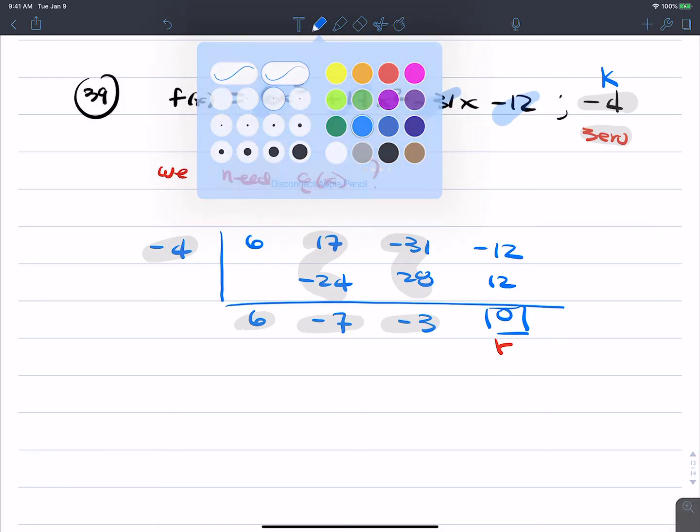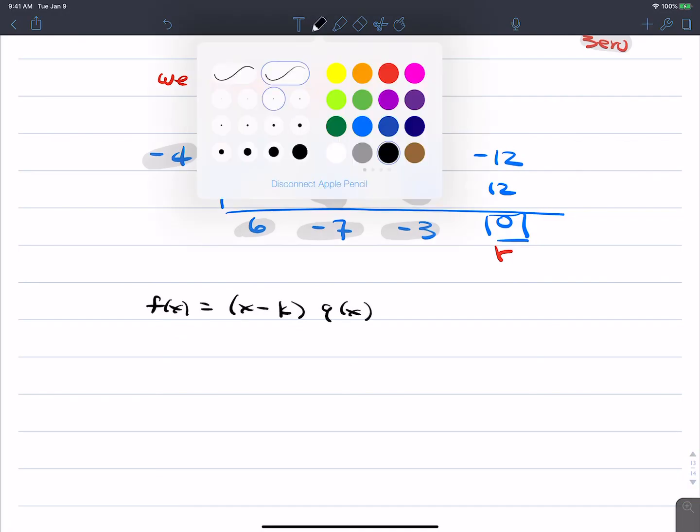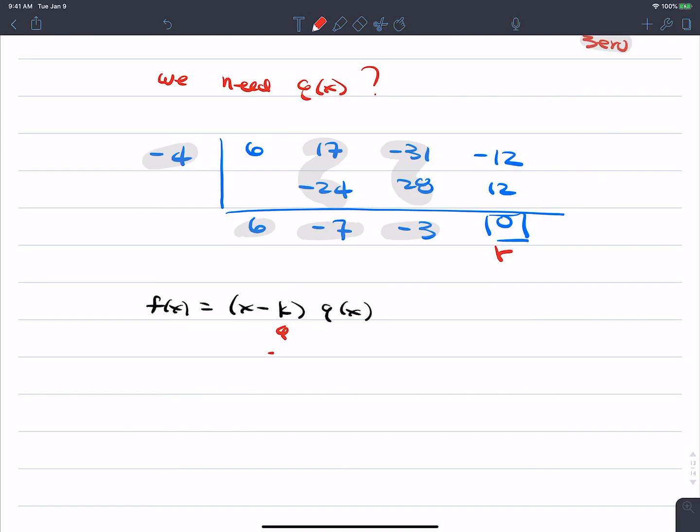So as we've been notating here, the original function here can be described as x minus k times q of x, where k is negative 4.